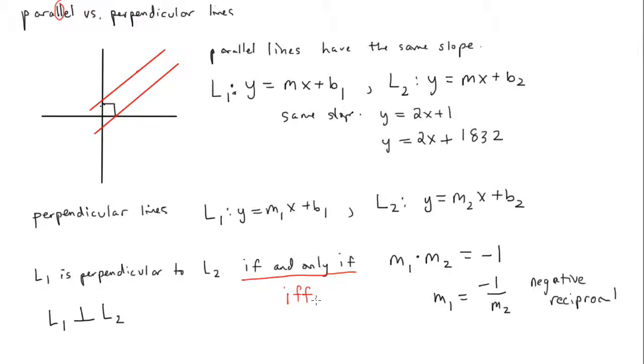So if with two F's means if and only if. Okay, so we've learned here parallel lines have the same slope and perpendicular lines have slopes which multiply to -1, or one slope is the negative reciprocal of the other slope. So next let's look at two quick examples.